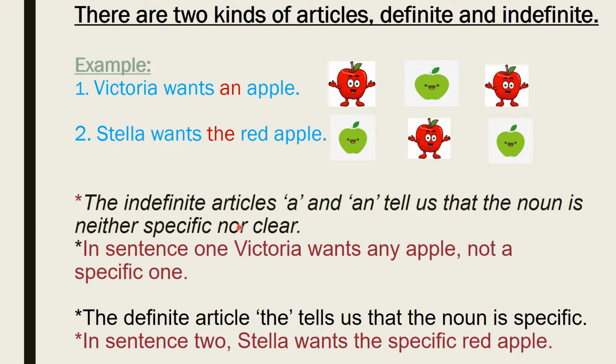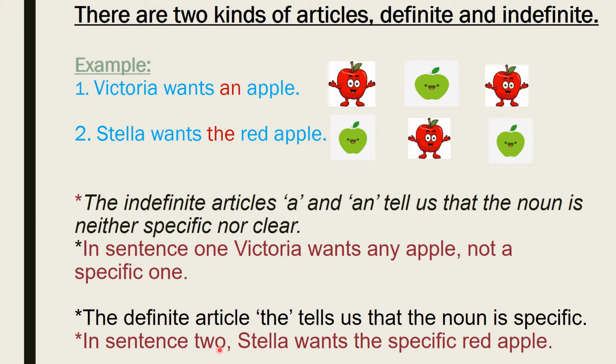The indefinite articles a and an tell us that the noun is neither specific nor clear. In sentence 1, Victoria wants any apple, not a specific one. That's why, students, I have used here an apple, not the apple. The definite article the tells us that the noun is specific.